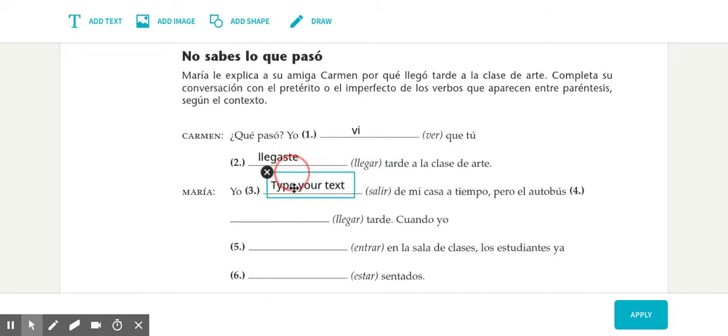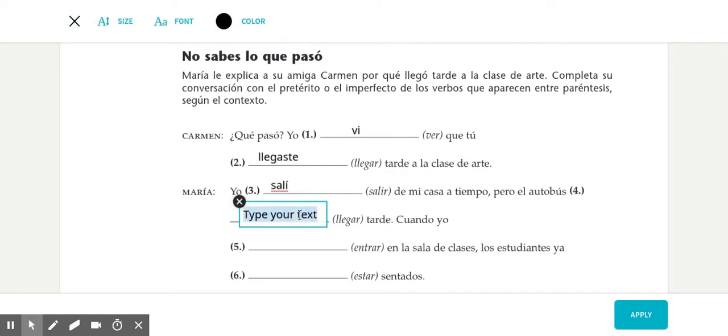Yo salí de mi casa a tiempo, pero el autobús llegó tarde. The bus came late. It just happened at one time, and it's a done deal.